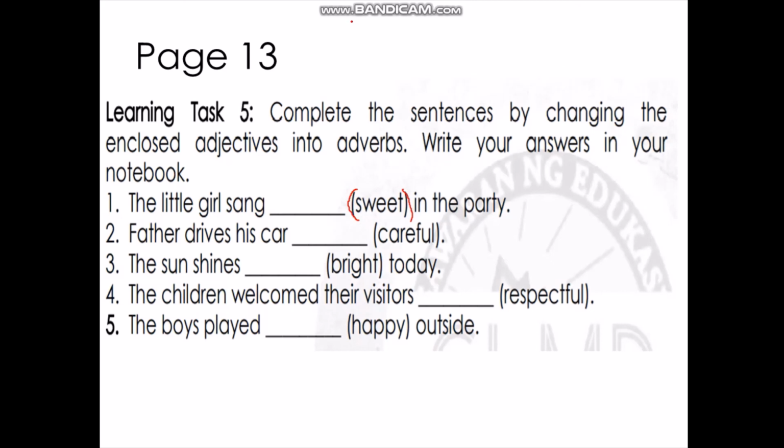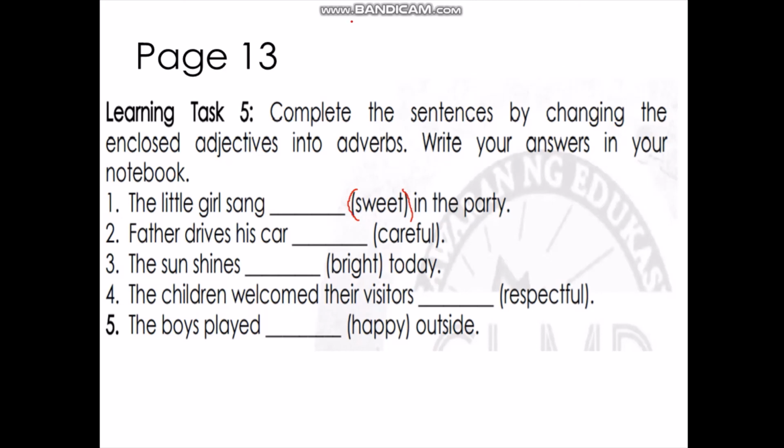So you need to change the word bright into an adverb. Number 4, the children welcome their visitors blank. So the word that you need to change is respectful. And then last number, the boys played blank outside. And the word that you need to change is happy.